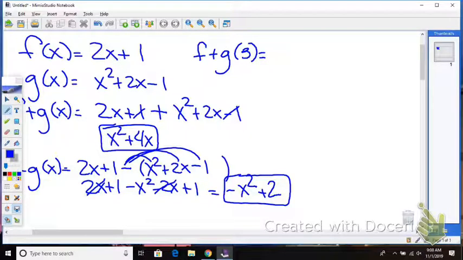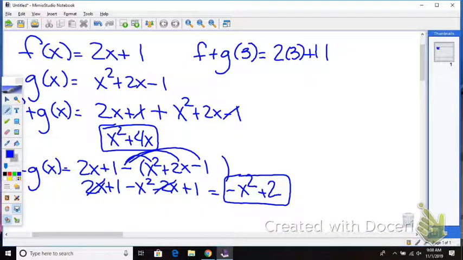Where are you going to put that 3? Everywhere you see x. So basically, you're going to do f of 3, which is going to be 2 times 3 plus 1, and then plus our g equation with 3 put in for x. So I'd have plus 3 squared.